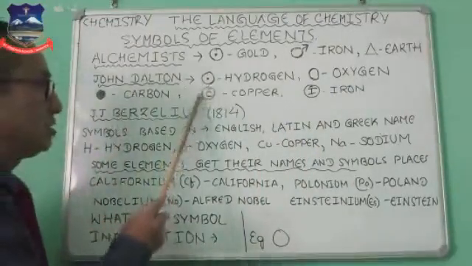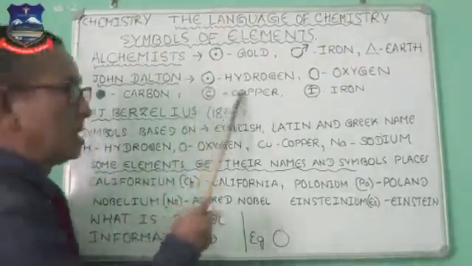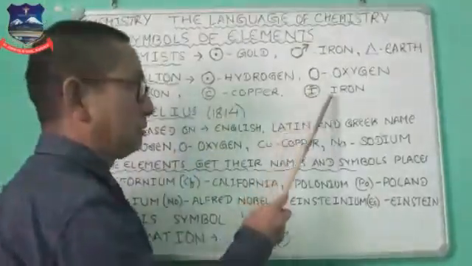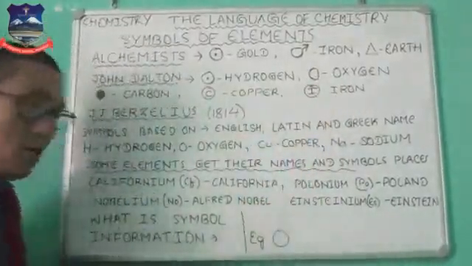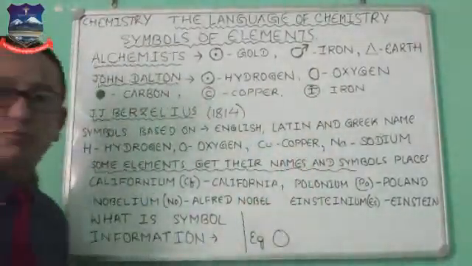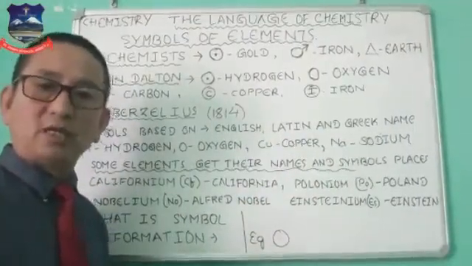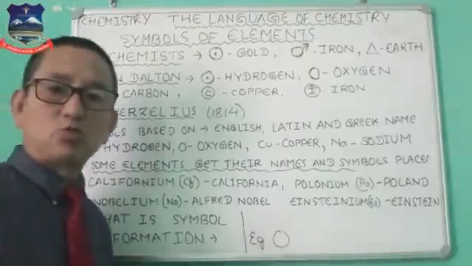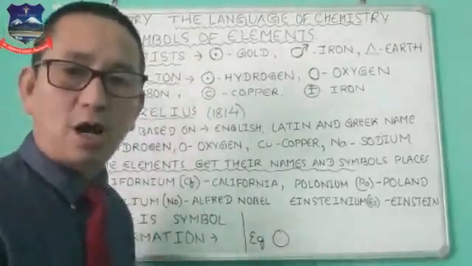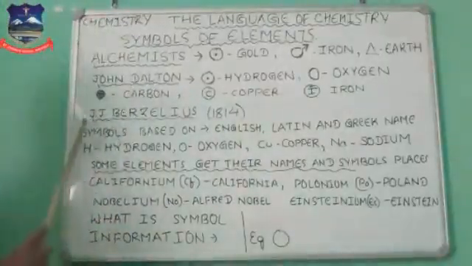C written inside the circle represents copper. I inside the circle represents iron, and so on. Obviously, his system was also inconvenient because more and more elements were discovered.